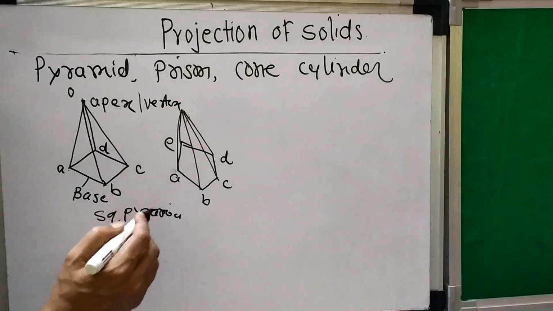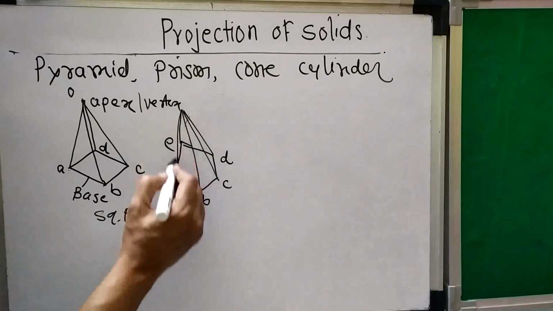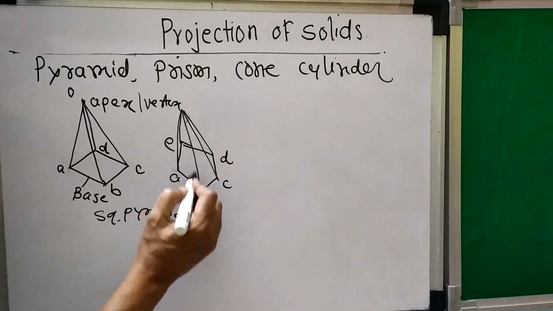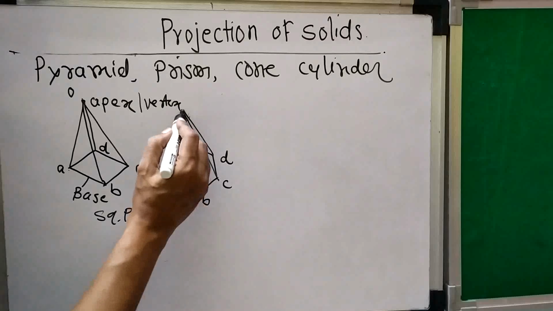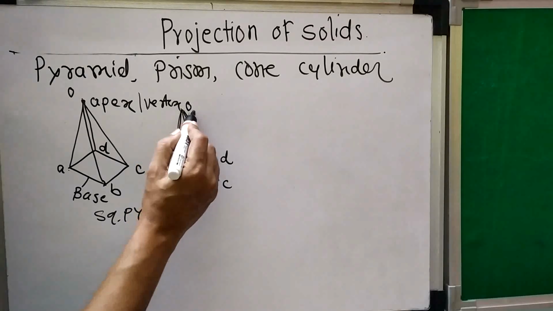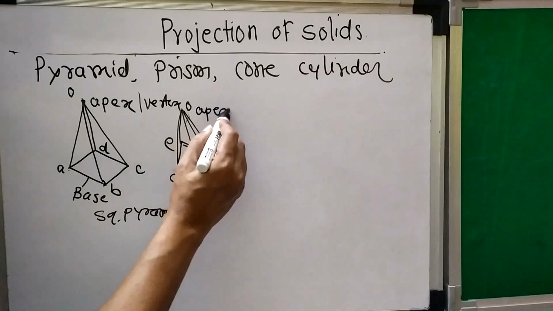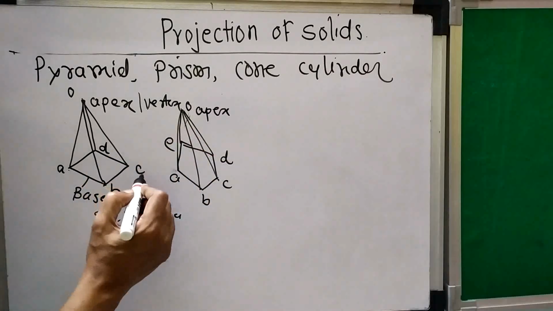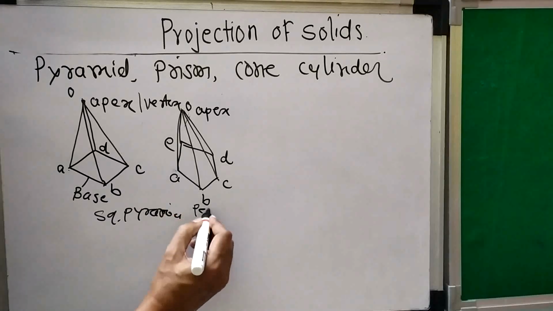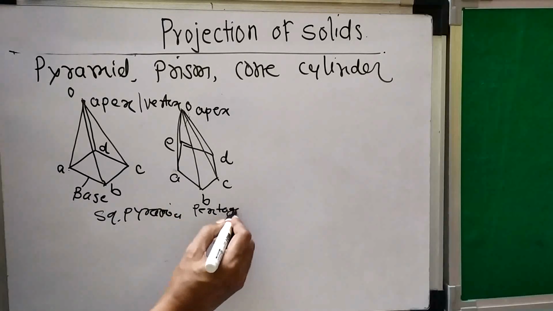So for this A, B, C, D, E base, we have five triangular faces emerging and approaching one point, O, the apex or vertex. So this is a pentagonal pyramid.